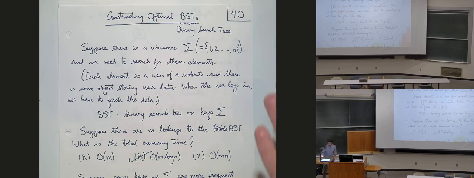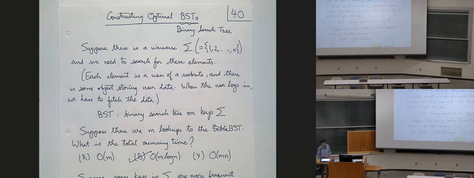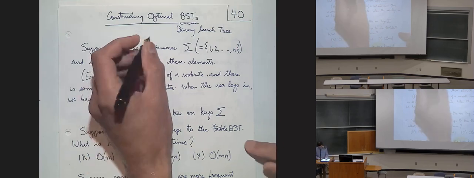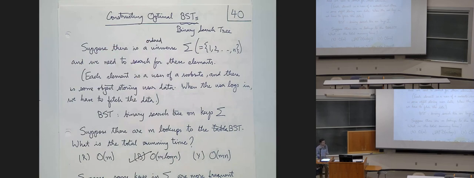I wanted to take this example of constructing optimal binary search trees because, again, it's a classic dynamic programming problem. So let me just go over the problem again. The idea is, suppose there's an ordered universe, let's say 1 to n, and you need to search for these elements.